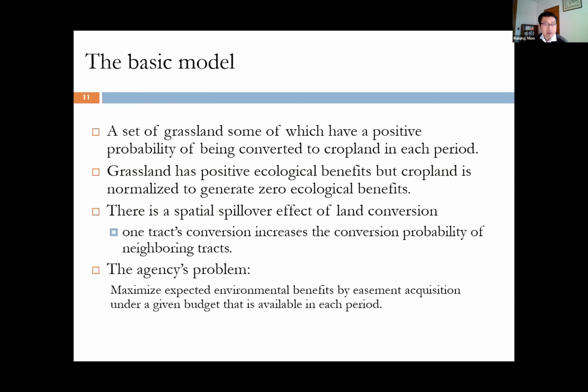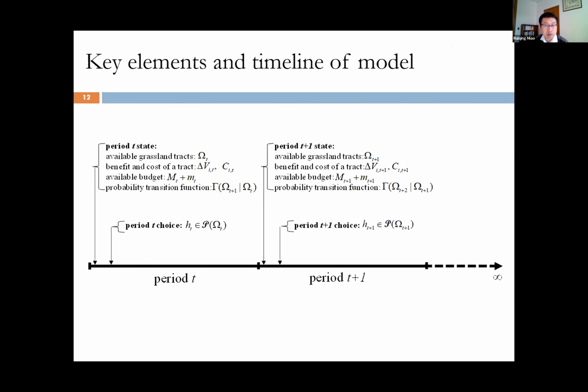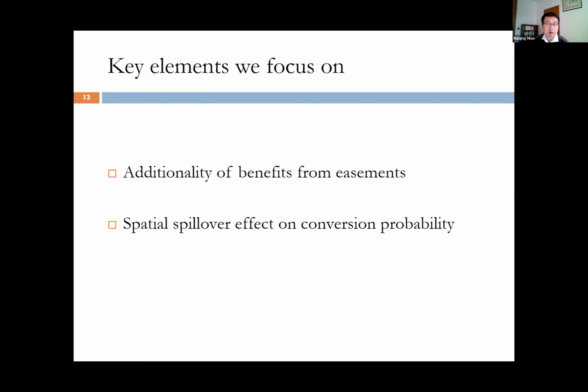So we have a basic model, or called general model, in the paper. We have a set of grassland to be protected, so we have a general setup. In this presentation, we'll skip that for the sake of time, and I will continue to use the 4-tract example to show some mechanisms we analyzed in this paper.